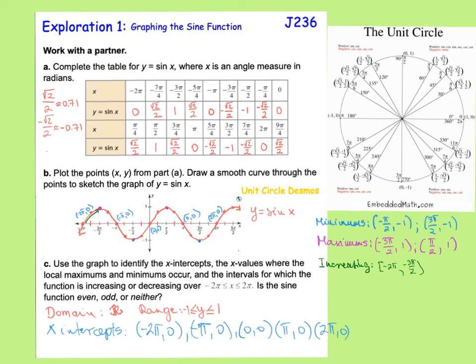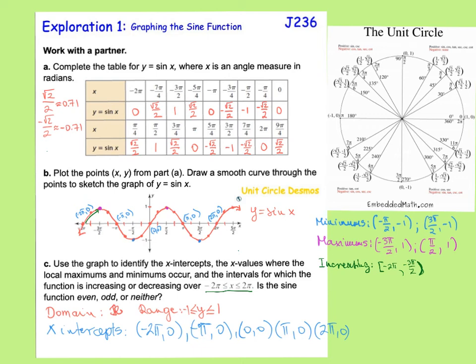I put the bracket on the left because it's increasing before -2π. However, the interval they are asking us to do is only -2π to 2π. And I put the parentheses on the right-hand side because the maximum point is at -3π/2.